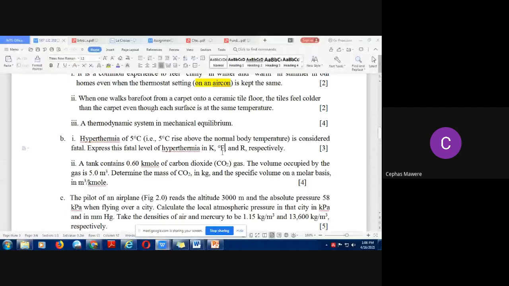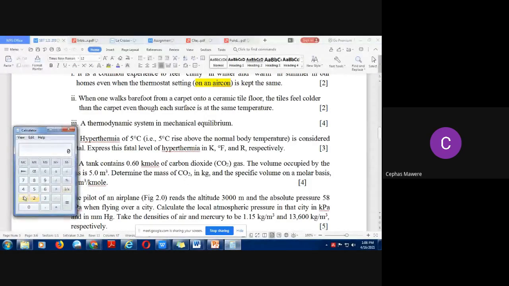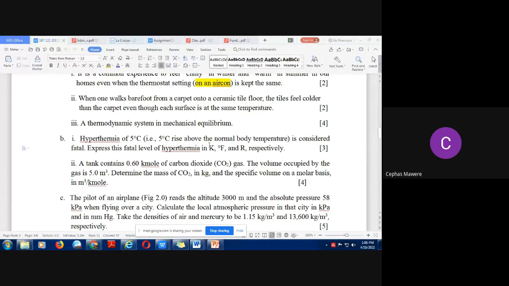In Fahrenheit it is 5 times 1.8. If you calculate 5 times 1.8 on your calculator, you get 9. So in Fahrenheit, it's 9 degrees Fahrenheit. In Rankines, it's 9 degrees Rankines. That's the temperature difference there. Are we together?